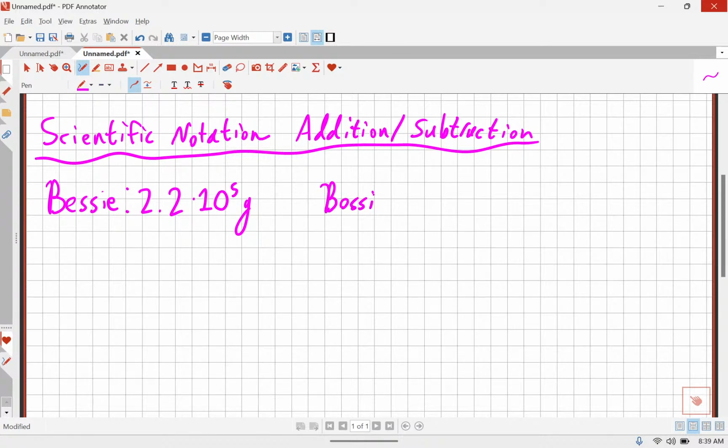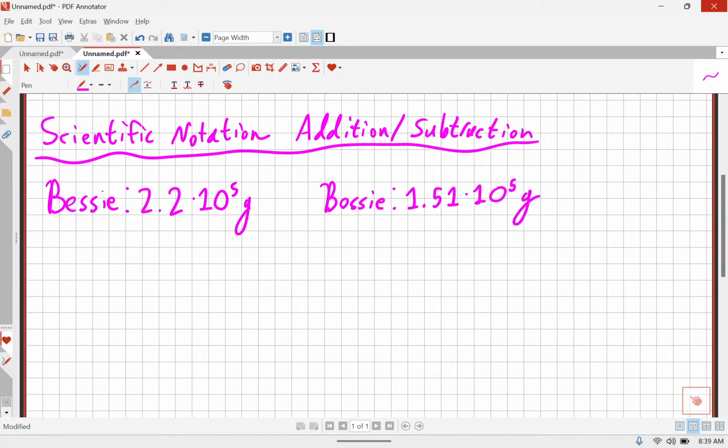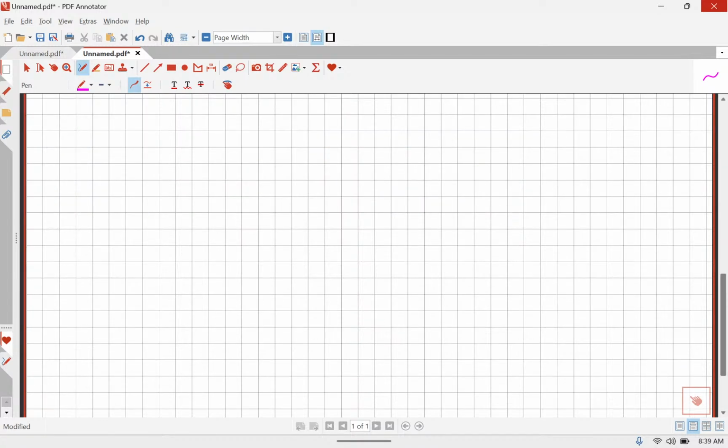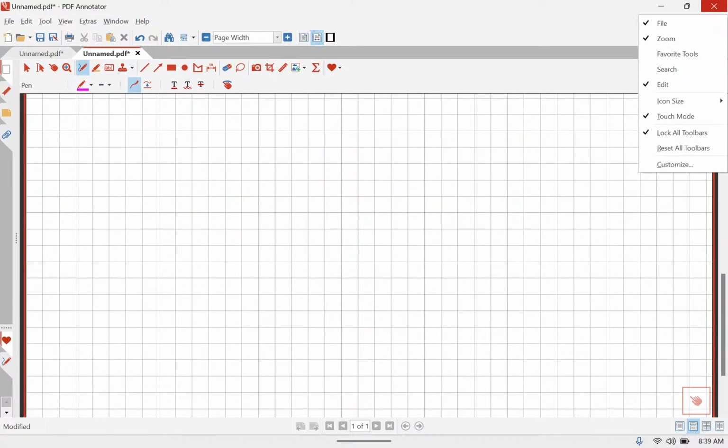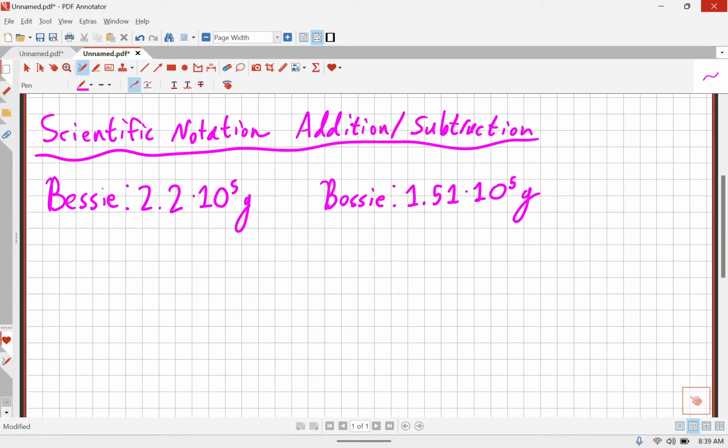Bossy had attitude, but also a heart of gold. 1.51 times 10 to the 5th. Well, not literally. The heart was made of meat like the rest of her. And now it's cat food. And big ol' Moo Moo is 7.5 times 10 to the 5th grams.